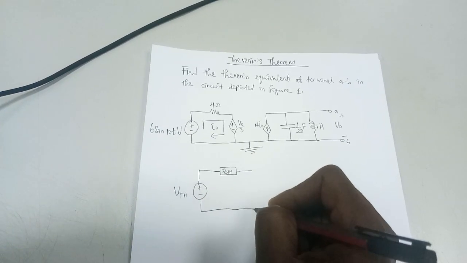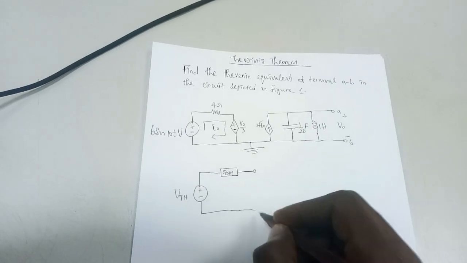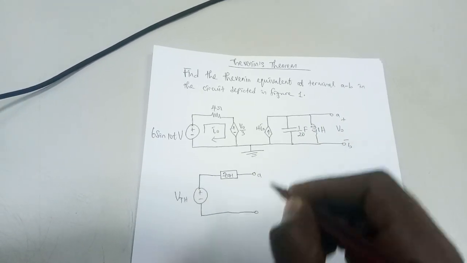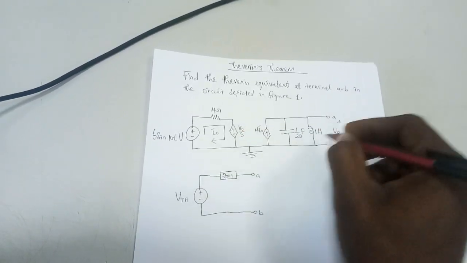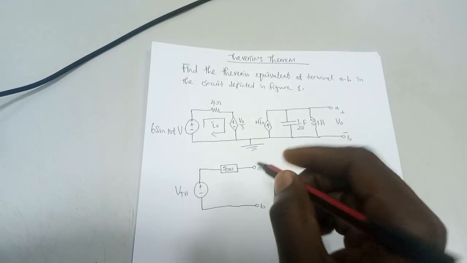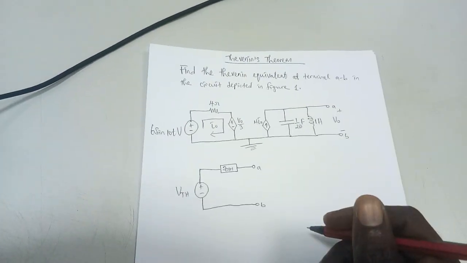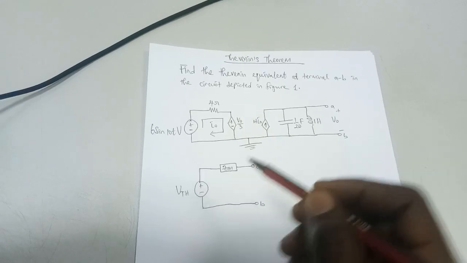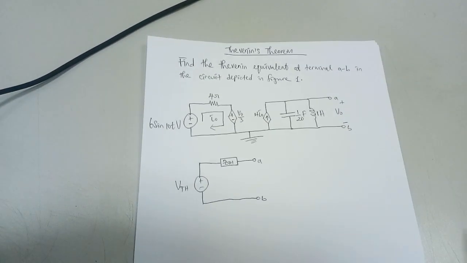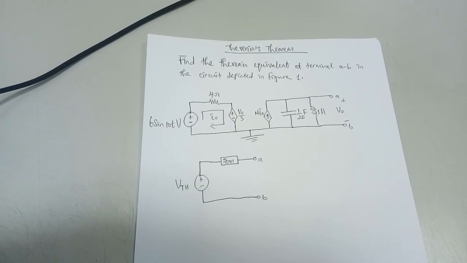So the Thevenin equivalent circuit means that a complex circuit as such can be represented by an equivalent circuit consisting of just a voltage source and an impedance in series with it.